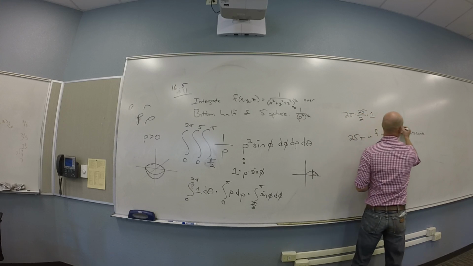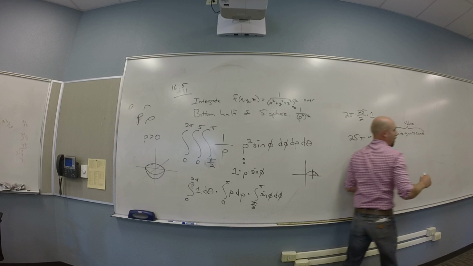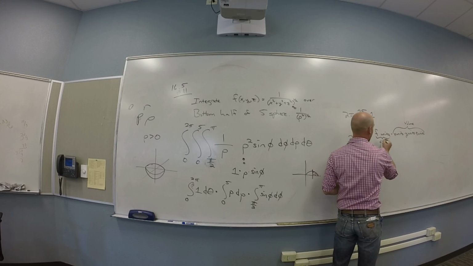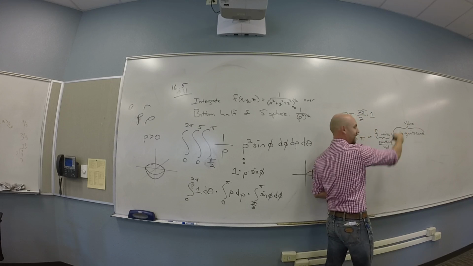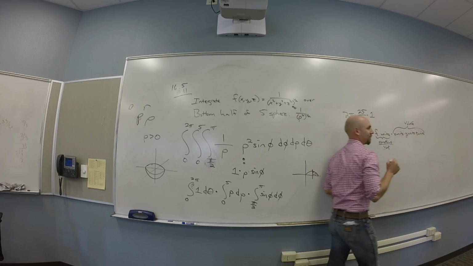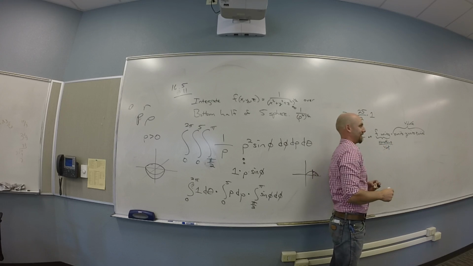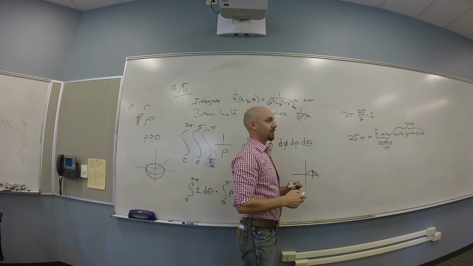So this object here is like a volume. If this object here is something per volume, then the volumes cancel, right? And this is the total amount of something, as long as this guy, f, was a density function.